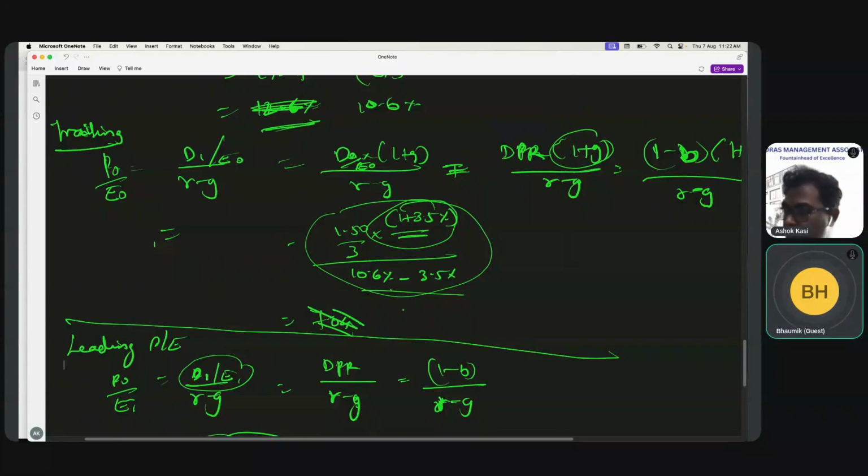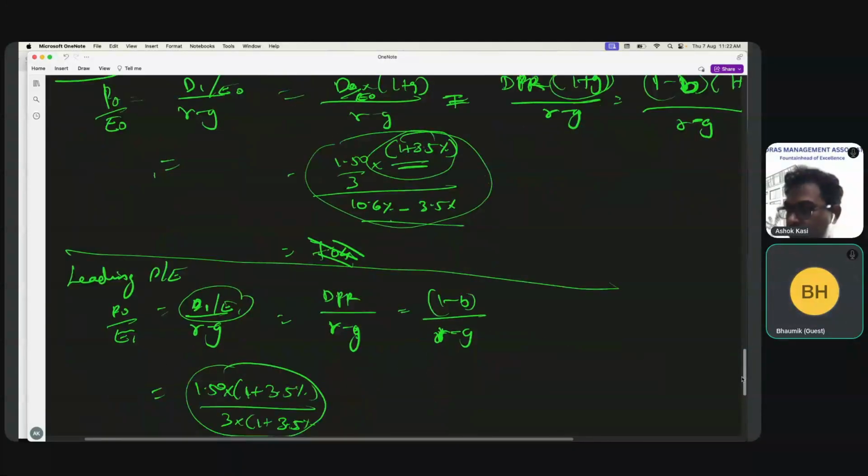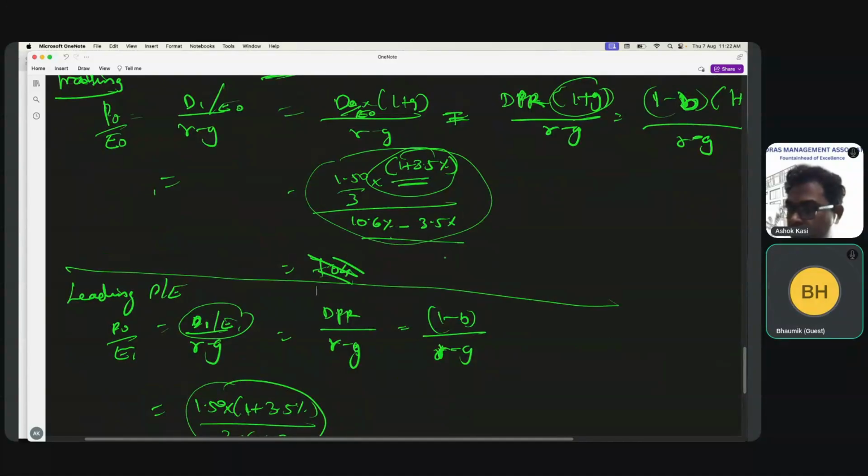Actually, that's right, but that's the second part of the sum. Sorry. So the answer for this one, leading, is 7.04.